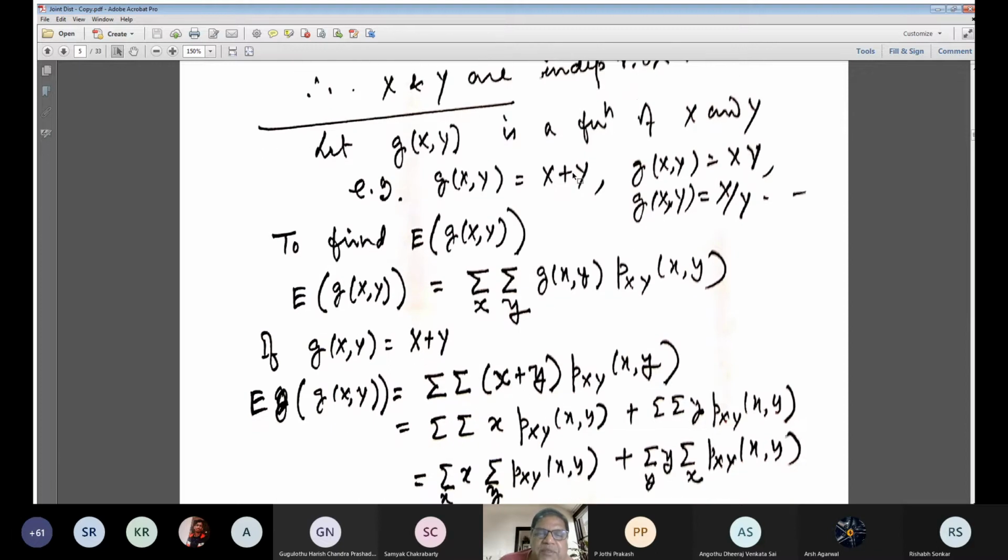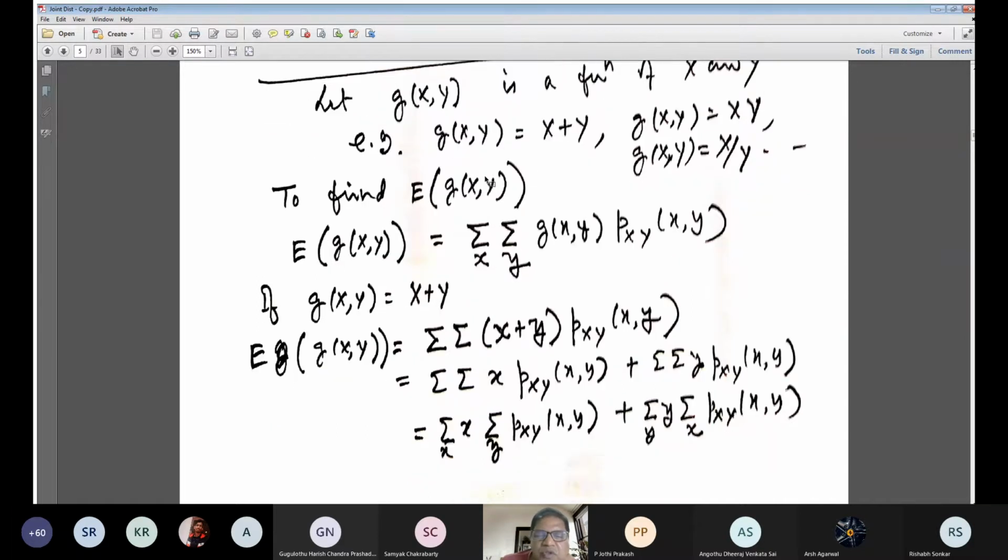Now, sometimes we need to find the expectation of a function of random variables X and Y. Say we could express our function in terms of X plus Y, or XY, or X over Y. In most applications, we need to find the expected value of X plus Y and the expected value of XY.